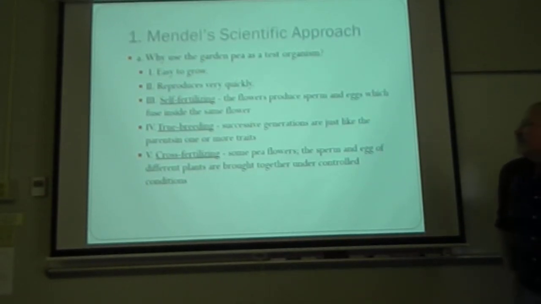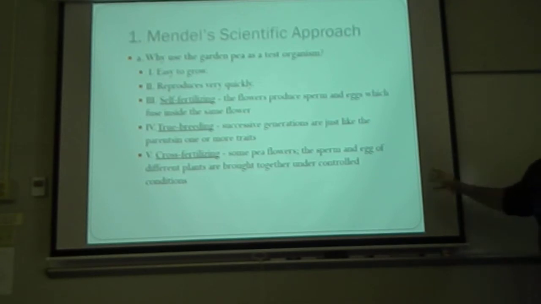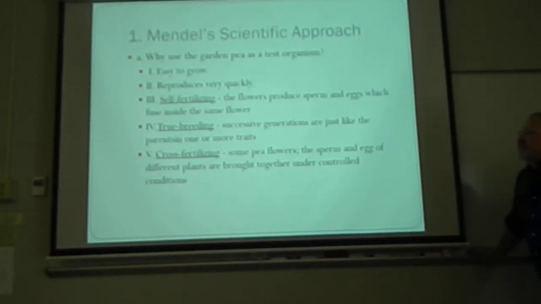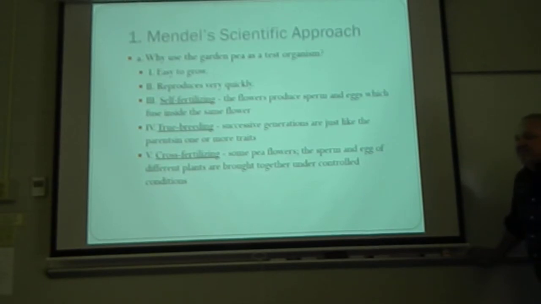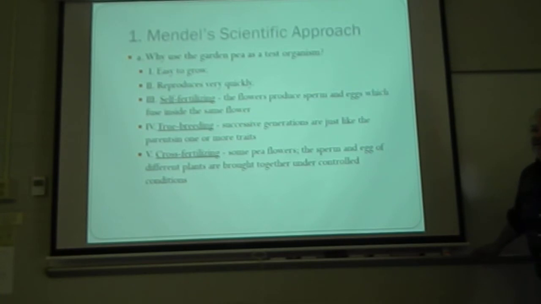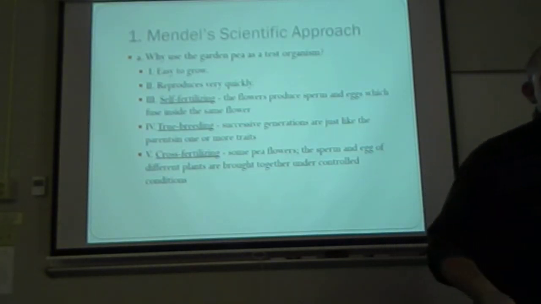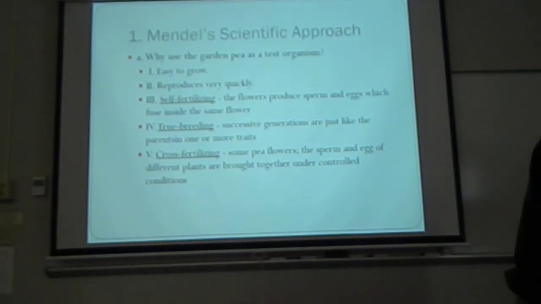And so he could take some of the different aspects, the phenotypes of these different parents, and under controlled circumstances, he could see what the fate of those phenotypes were over many generations. And I know I'm using the term phenotype. Phenotype is just what the trait looks like. Is it purple? Is it white? All right.